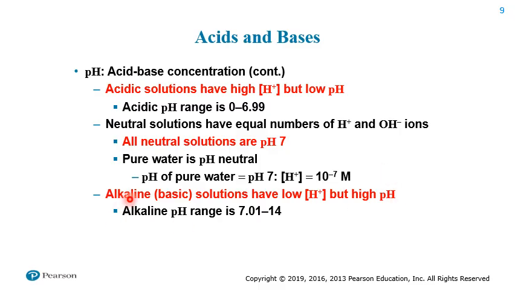More alkaline solutions means low hydrogen ion concentration, which means high pH. Make sure you review these terms and understand what is happening here. Low pH means acidic solution. High pH means basic or alkaline solution.